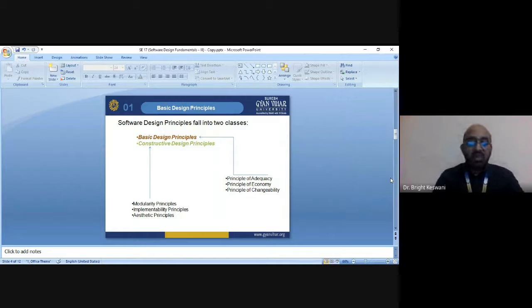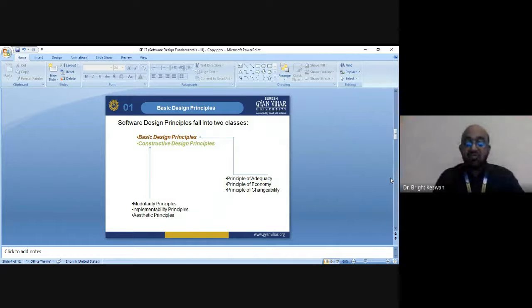The next and last basic design principle is the principle of changeability. Designs that make a product easy to change will have a tremendous influence on cumulative life cycle cost.